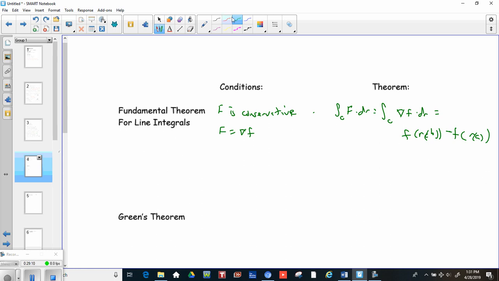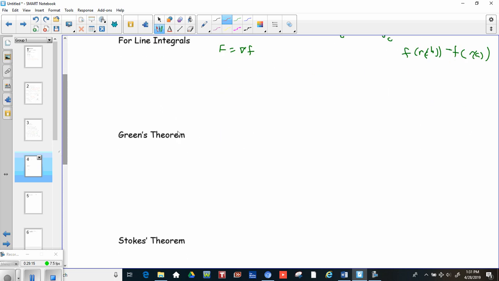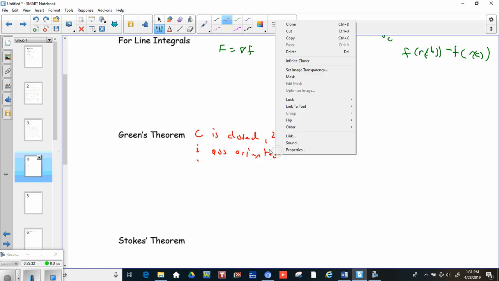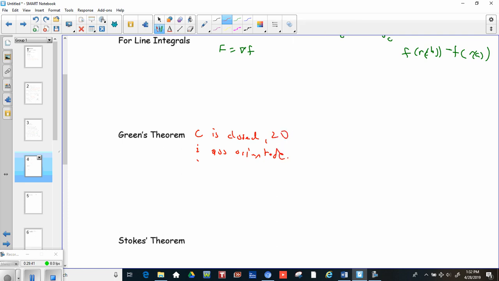Green's theorem. Let's do Green's theorem in red, because why not? Green's theorem: C is closed and two-dimensional and positively oriented. I'm hitting this little button on my pen, that's what's happening here. There we go. Positively oriented.